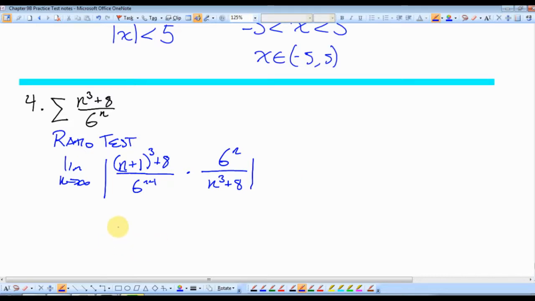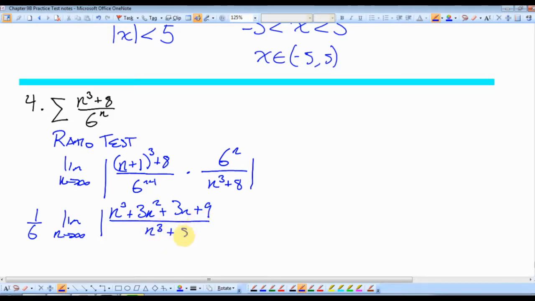Okay, let's do this. Limit as n approaches infinity. The 6 and a 6 over n give me a 1/6. Okay, I don't remember how to cube this. This was n cubed plus 3n squared plus 3n plus 9 over n cubed plus 8.